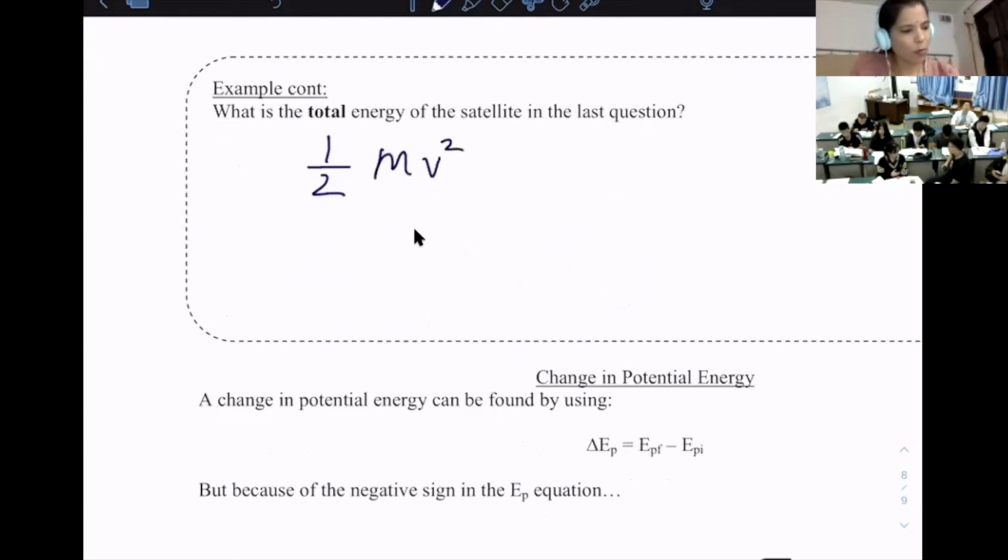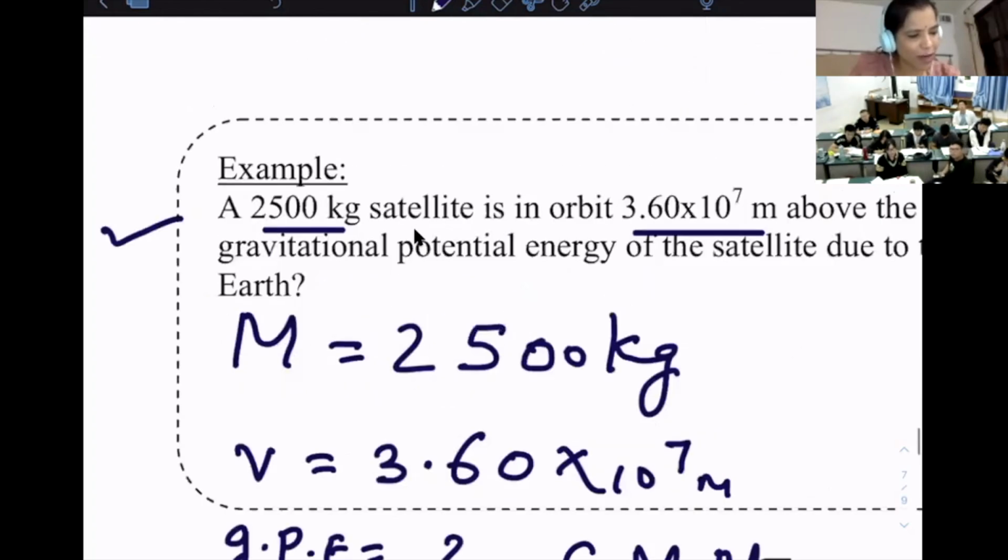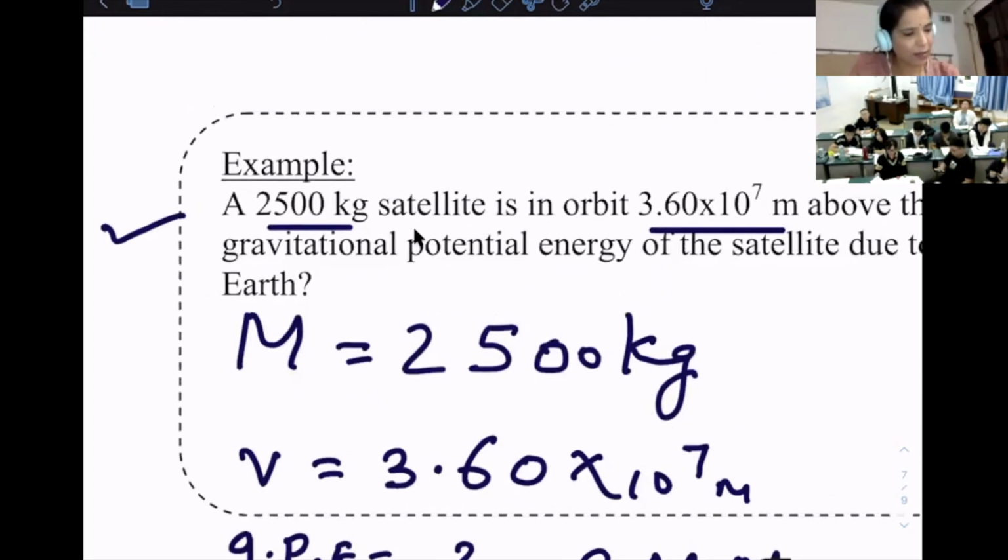Yeah. So what values can you substitute? Because this is the kinetic energy, that is correct. So that is half into this mass, the mass of the satellite. So this mass you have to take this value, 2500 kg. Why? Sorry?